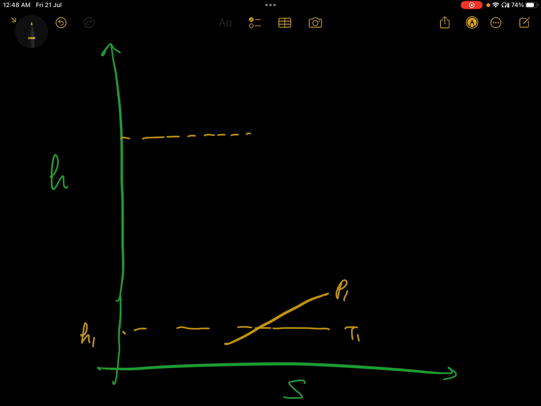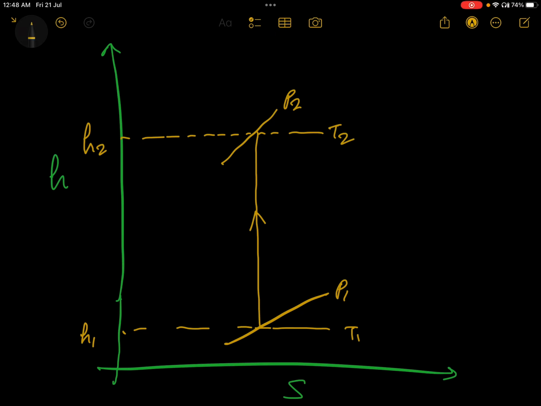Let's say we came here at state 2, H2. Why is enthalpy H2 more here? Because we are delivering work, the energy of the final state will be more. At state 2 we'll have pressure P2 and temperature T2.